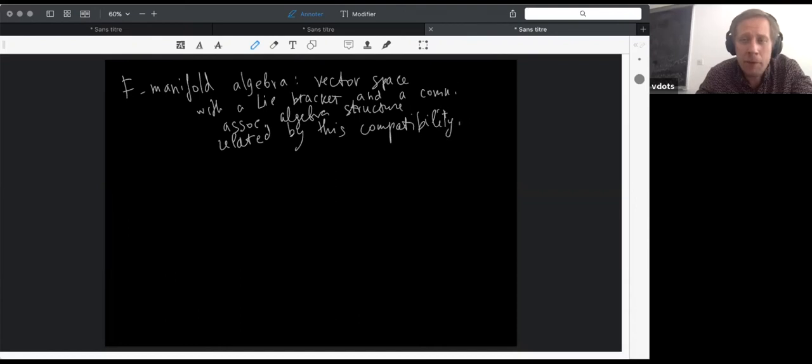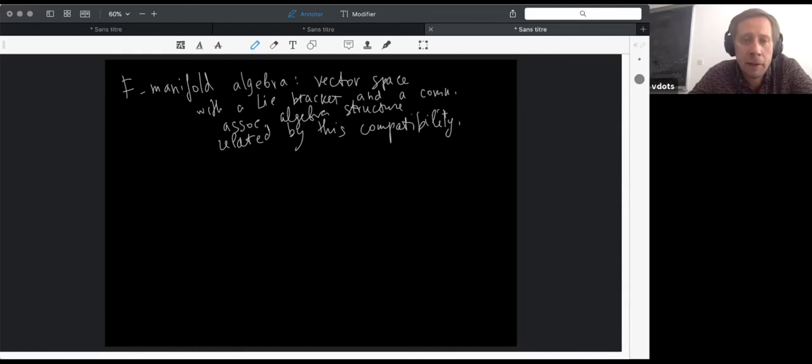So from now on, until more or less the end of the talk, you can forget about the tangent bundle, you can forget about the manifold, you just think about this structure.